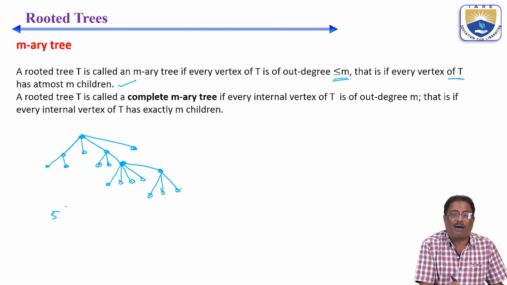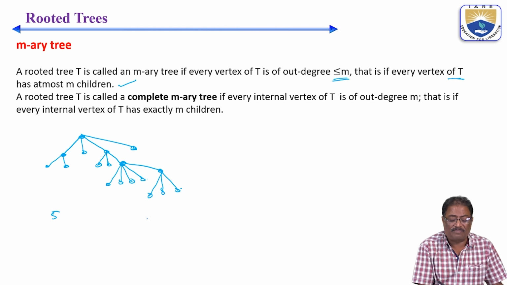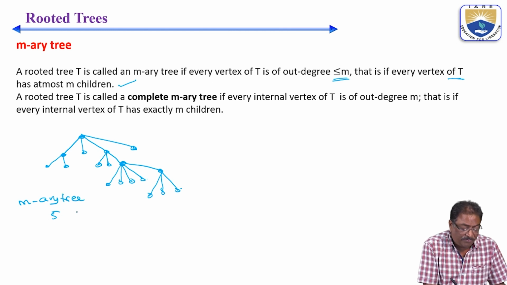And the remaining are all less than 5. This is 2, less than 5. This is 3, less than 5. This is also 4, less than 5, and so on. So we can call this an M-ary tree where M is equal to 5. So we can call this a 5-ary tree.